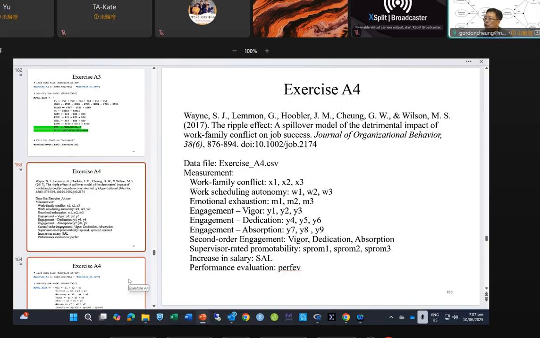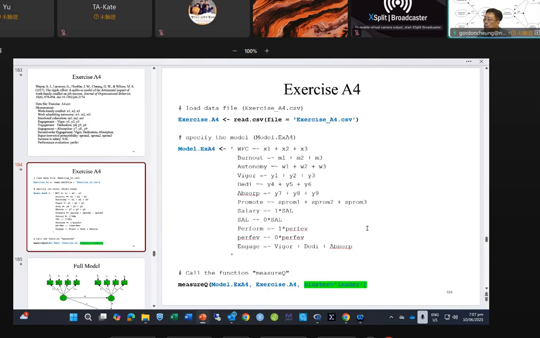So let me show you how to write the measurement model. We read the data file: work family conflict with 3 items, burnout with 3 items, autonomy with 3 items, vigor, dedication, and absorption, each with 3 items. And you will see the second order factor, engage, we put it at the very end. Okay, second order factor needs to be put at the very end.